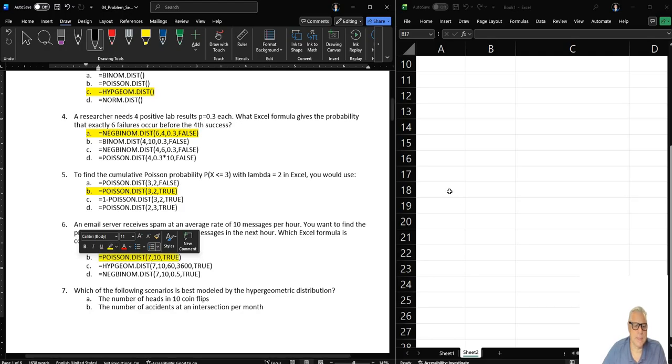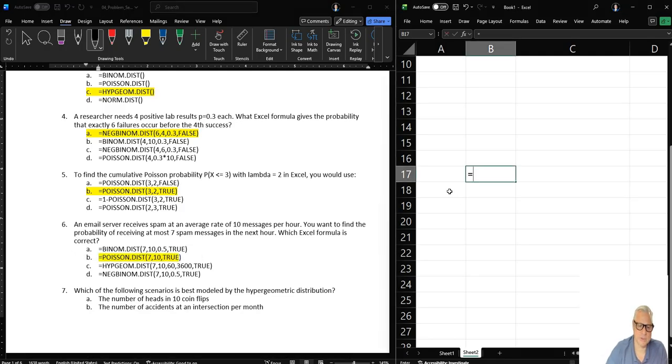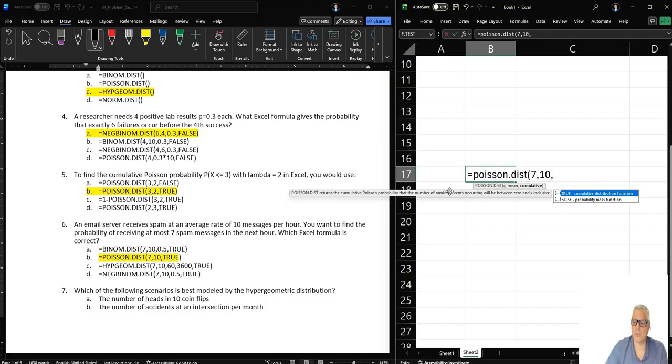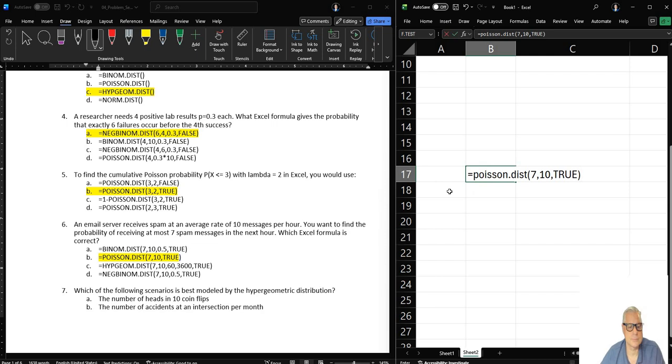So it is B. So we would say Poisson.dist, 7, then the average is 10 and cumulative, all true. The probability would be 22%, by the way.